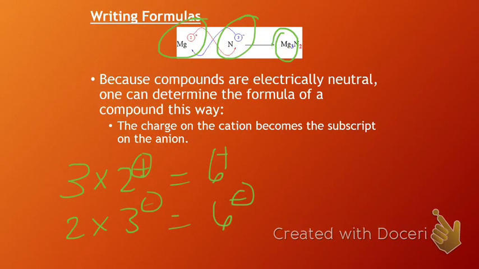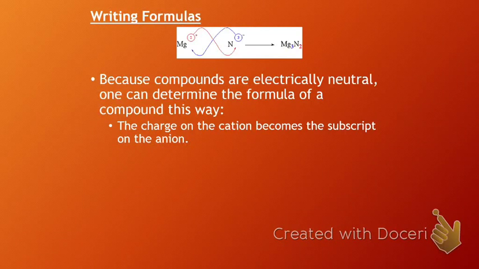Now, what happens if we have magnesium and oxygen? You have magnesium, which is a 2+ charge, and you have oxygen, which is a 2- charge. So you would expect the oxygen's number will become the subscript for magnesium.